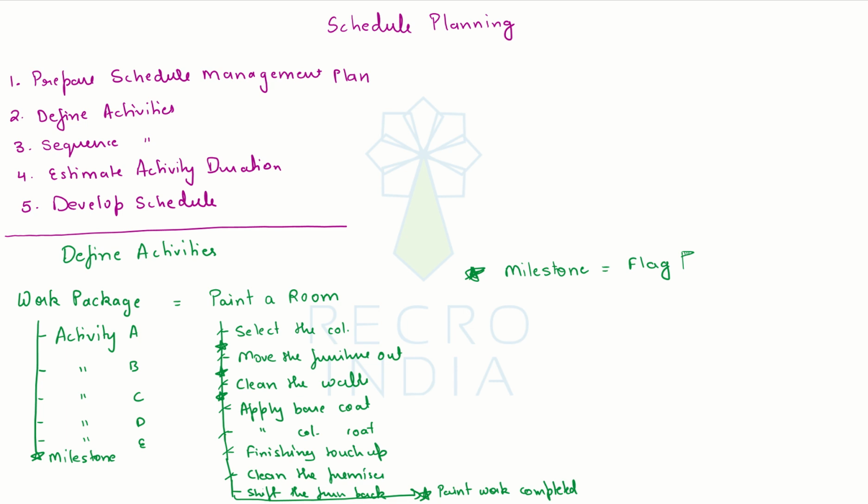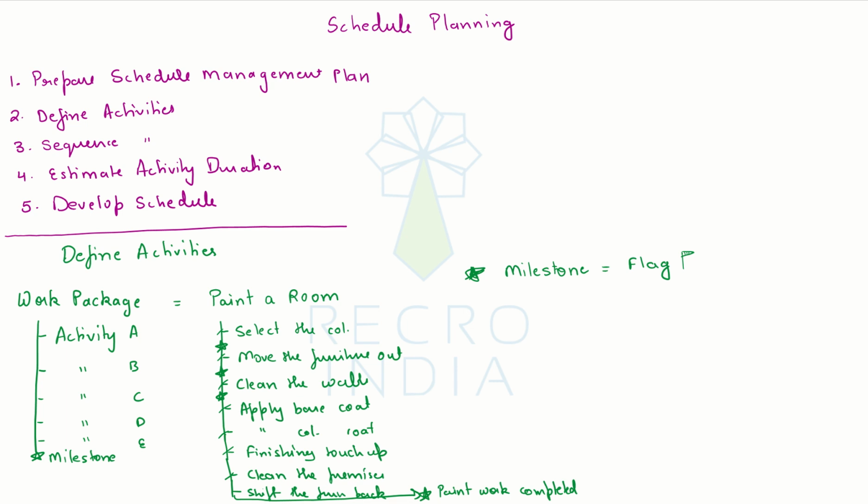But of course, if you end up having as many milestones as activities, then the milestones will lose their significance. Hence, it's important that we use these milestones wisely, placing them only where something of significance or some important accomplishment is happening.